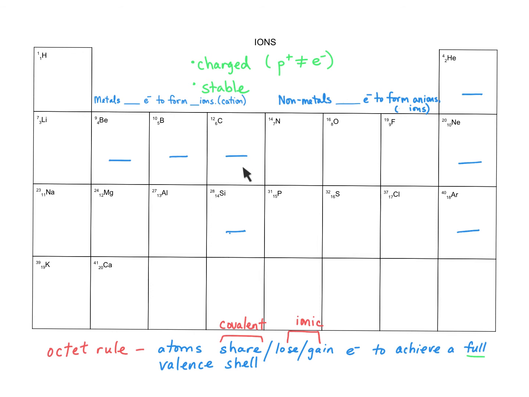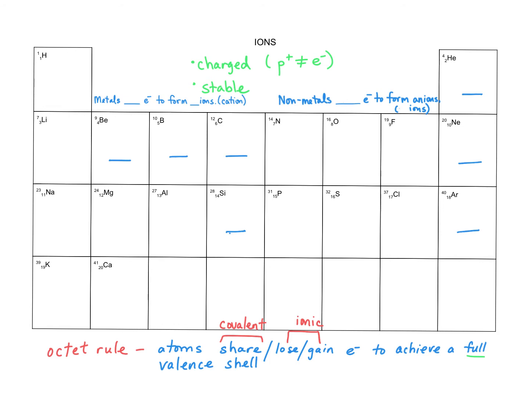And it's the losing or gaining of electrons that form ions. So since we are focused in on ions in our diagrams here, we're going to omit carbon and silicon. Boron and beryllium also very commonly share electrons to become stable.